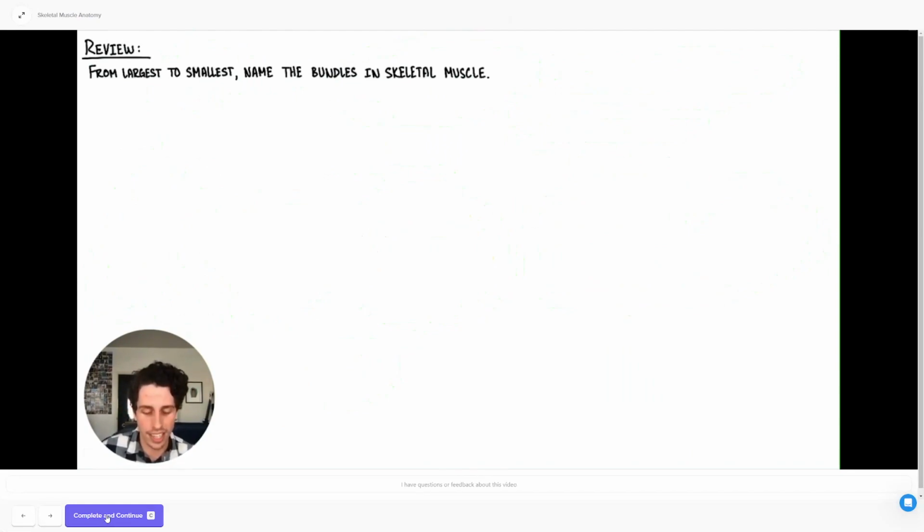All right, now that you're back, let's go ahead and write these in. The first one, as we know, is skeletal muscle. Then the skeletal muscle is composed of, hopefully you remember this one, our muscle fascicles.